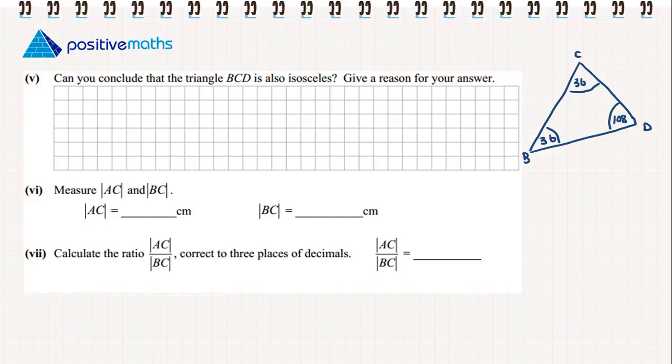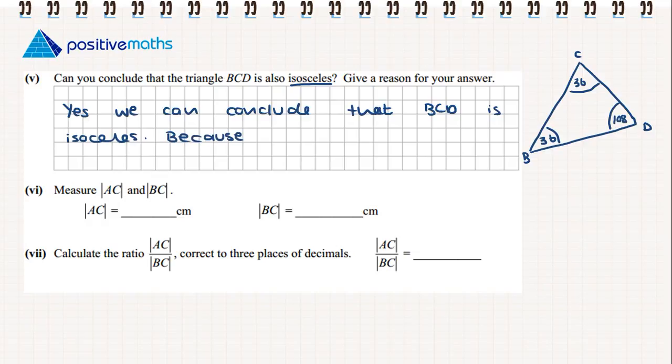So what we know about isosceles triangles is that they have two sides that are equal and two angles that are equal. So yes, we can conclude that BCD is isosceles. And a reason for our answer is because two of the angles are equal.